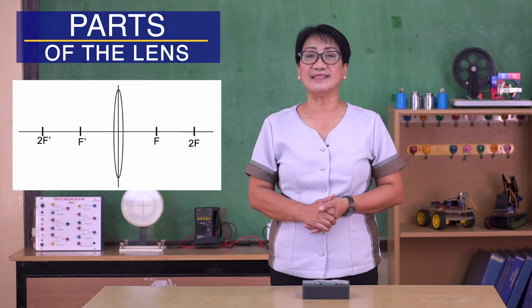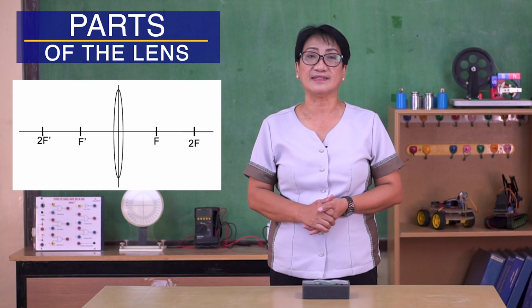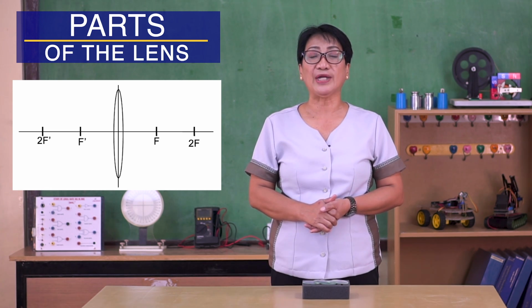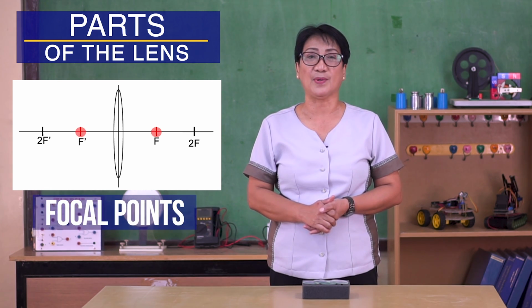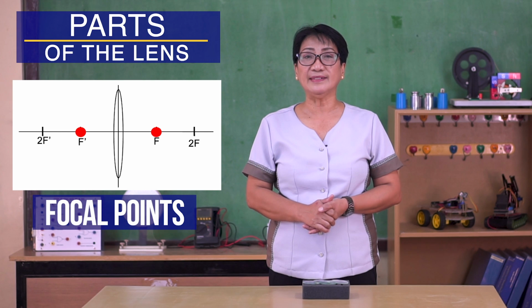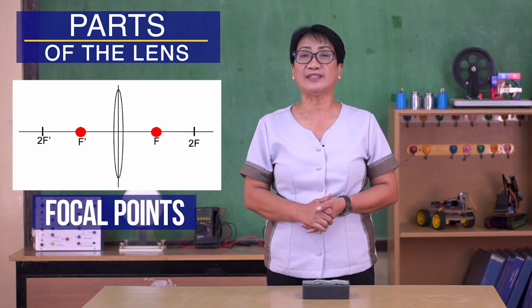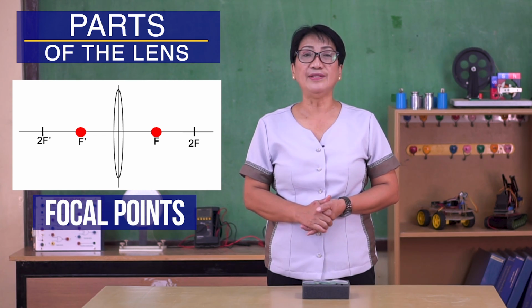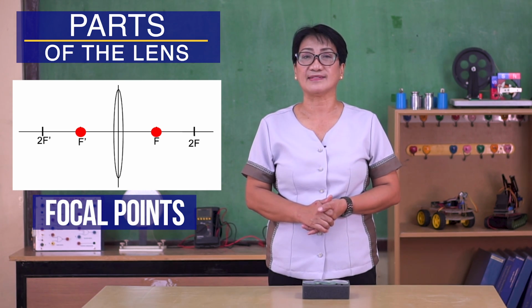Light rays incident towards the lens face, traveling parallel to the principal axis, will either converge or diverge. This intersection point is known as the focal point. The focal point is denoted by the capital letter F. Note that each lens has two focal points, one on each side of the lens.